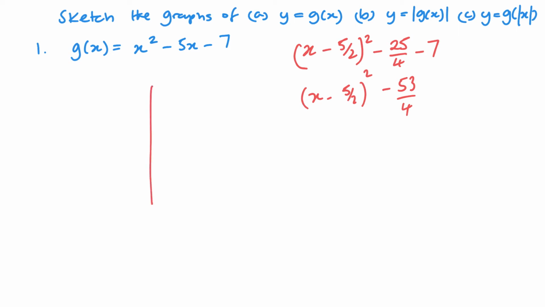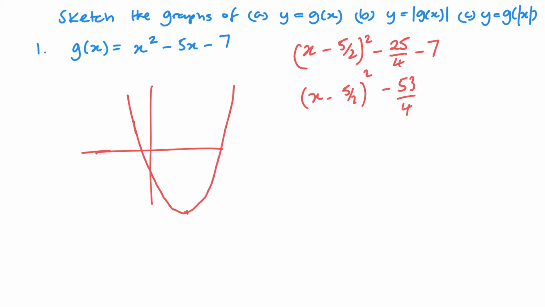So my initial sketch of g of x is going to cross the y-axis at minus 7. So let's have a look. 5 over 2, and then minus 53 over 4 is 13 and a bit. Cross that at minus 7, so something like that.